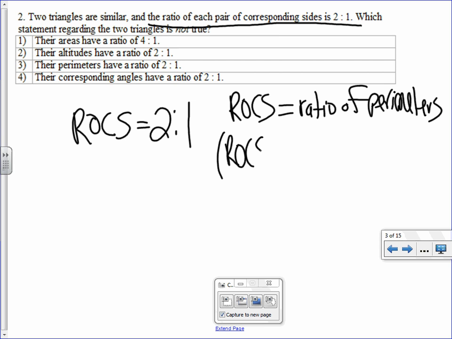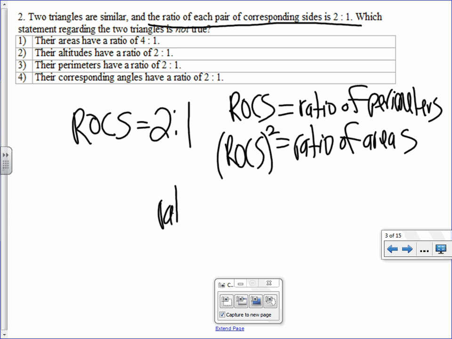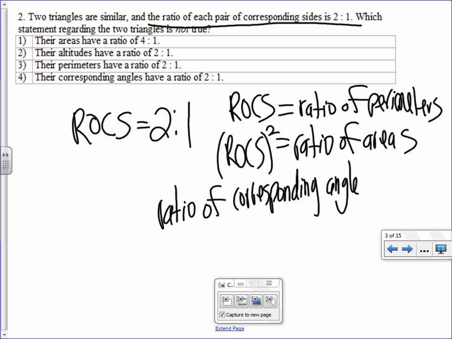The ratio squared is the ratio of the areas, and the ratio of the corresponding angles is always 1 to 1 because the corresponding angles are congruent.